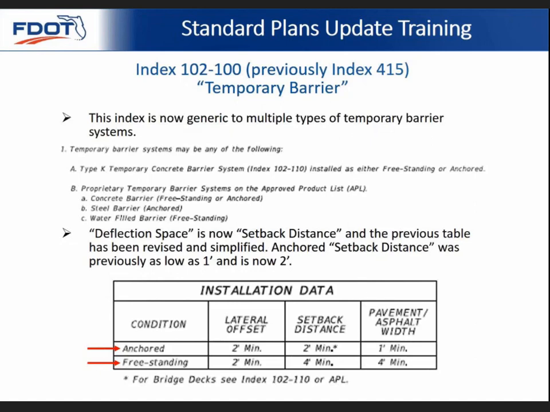Now, in the previous version of the standard design standards, the minimum setback distance with the type K anchored was 1 foot. It is now 2 feet, and this is primarily because as a result of MASH, the setback distance was actually higher than that 1 foot, and we consider the 2 foot to be a reasonable update.